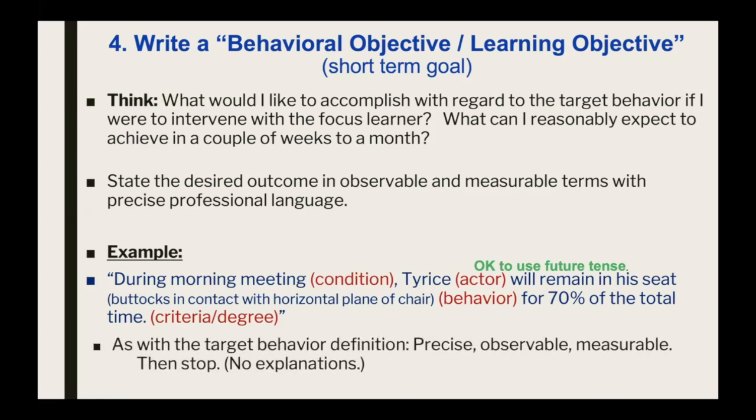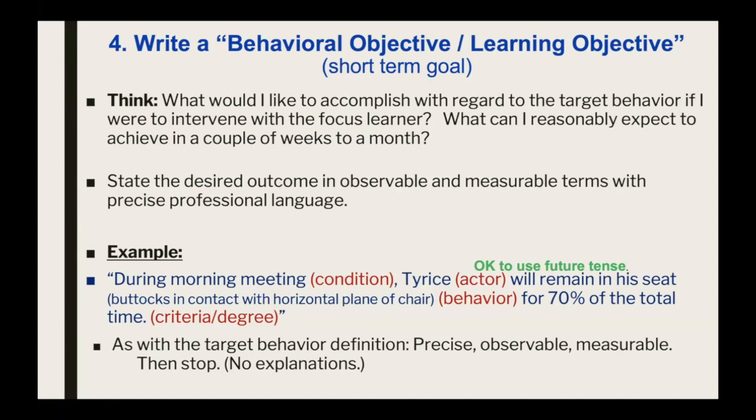And just like the definition of your target behavior, it's stated in, yes, I'm sure you know by now, observable and measurable terms, and in that precise professional language. So we have something along this line, and there'll be examples on Brightspace in the description of the papers of what a behavioral objective looks like.